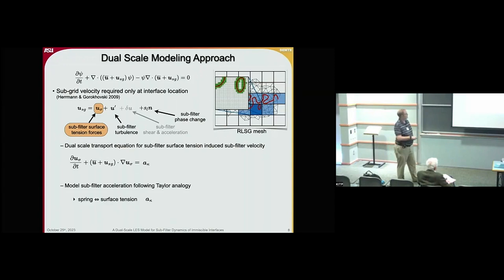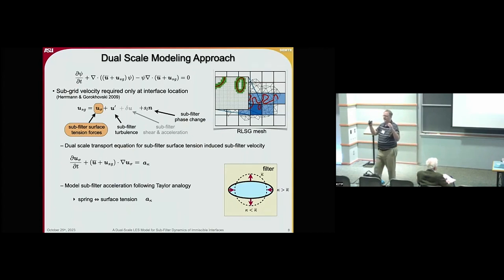So I'm going to treat surface tension as a spring. So imagine you have a single filter volume cell here, and you have an ellipsoid of an interface. If you would filter this geometry, if it's within a single filter volume, you're left with one mean curvature value. And think about that one mean curvature value, the equivalent geometry would be that of a sphere, or a circle in 2D.